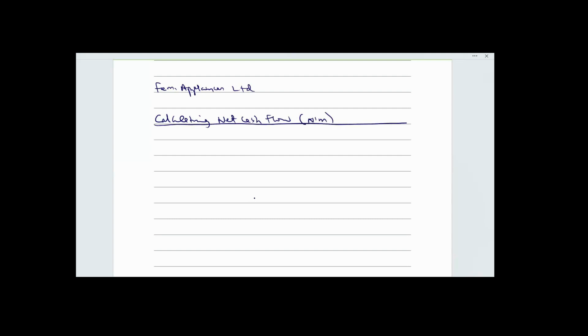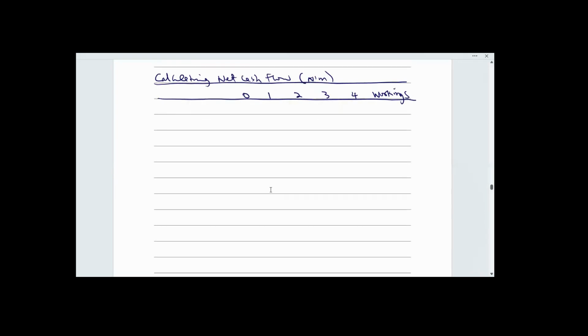In this question, I have year 0, year 1, year 2, year 3, year 4. Then you introduce a column for workings. I don't know the extent my table will take, but I have sales value, working number 1.